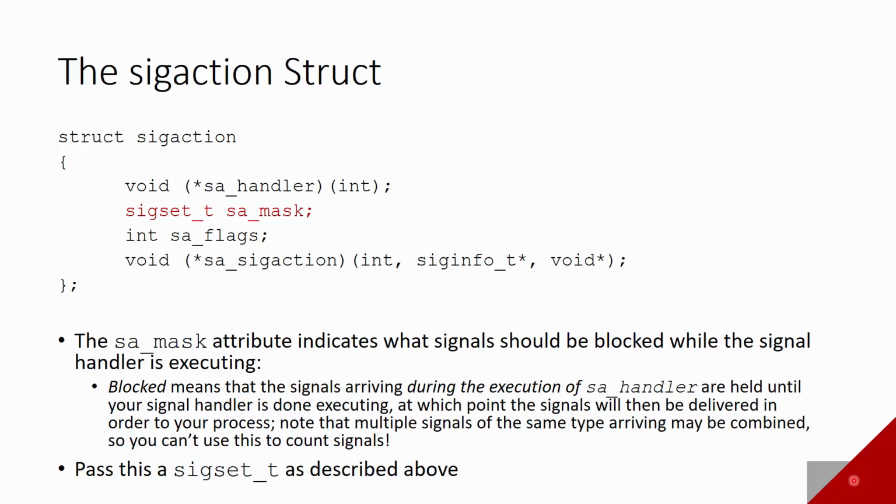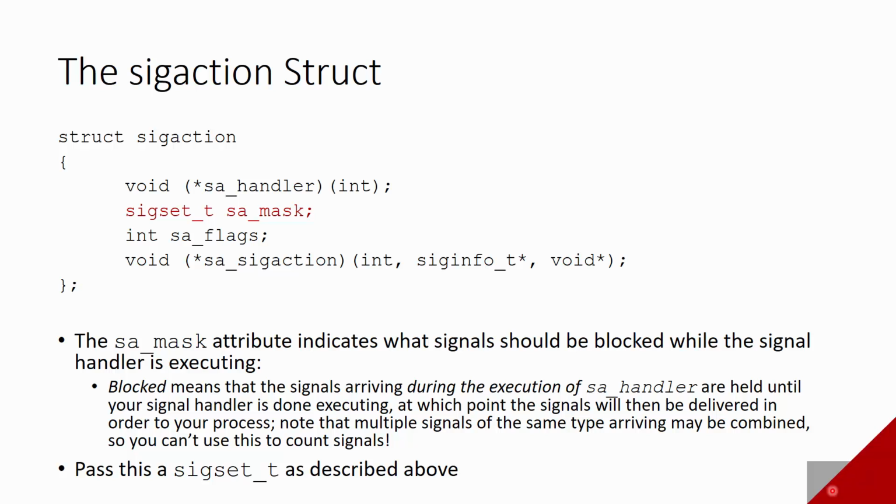And at that point, the signals are then all delivered in order to your process. So it doesn't really block them and permanently trash the signals that arrive. What it does is it says, just hang on, wait for a minute while this signal handler function runs, and when it's done, then all those signals are allowed to hit your process in order.